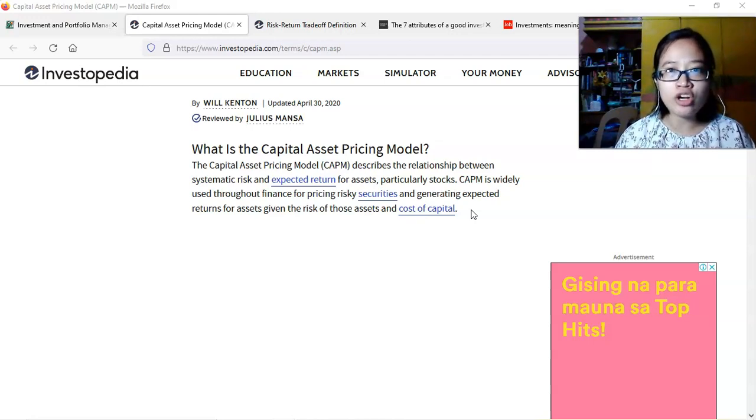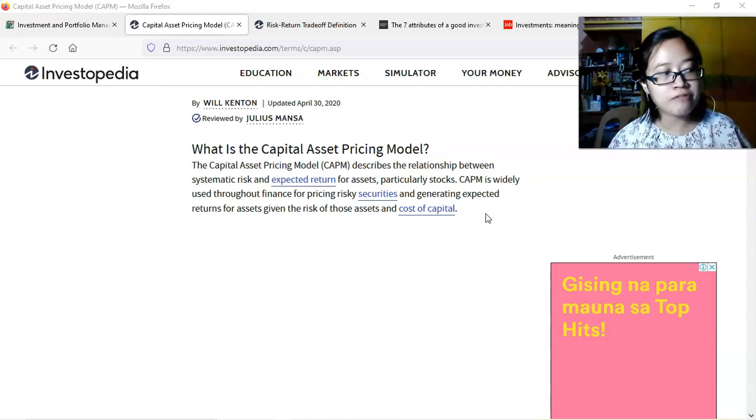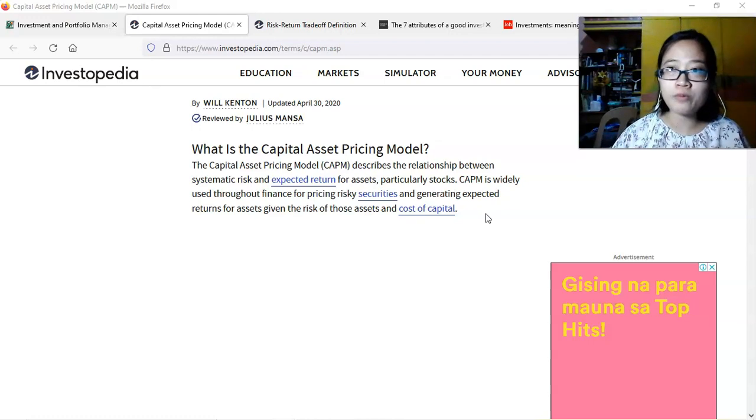And depending on the result, saka lang sila, of course, mag-decide whether to invest or whether to get this investment or not. So normally, kapag overpriced yung isang investment, then it's not very attractive to get, right? Kasi kapag overpriced yung isang investment, the expectation is that the price is still going to go down, because if most investors see this as overpriced, then the demand for that particular investment or security will go down.